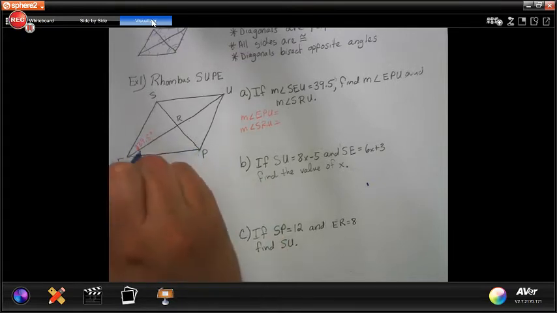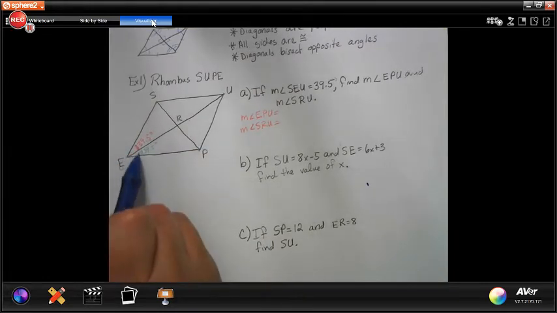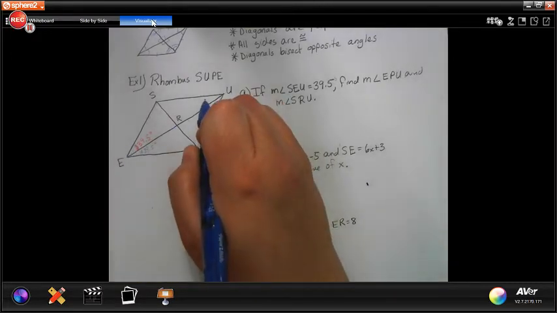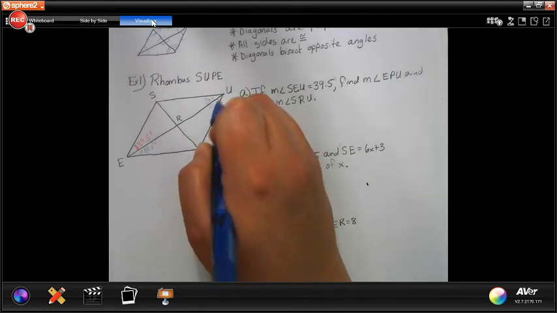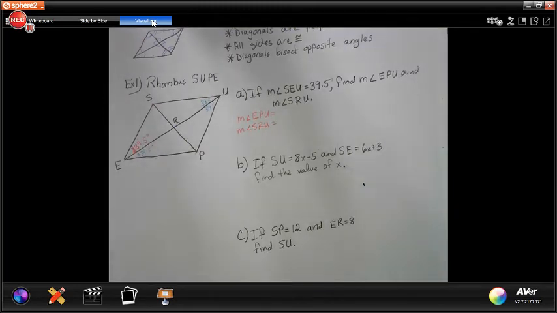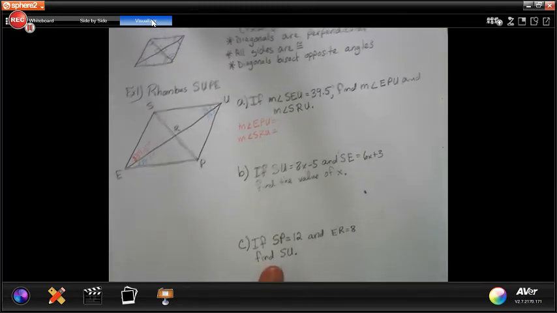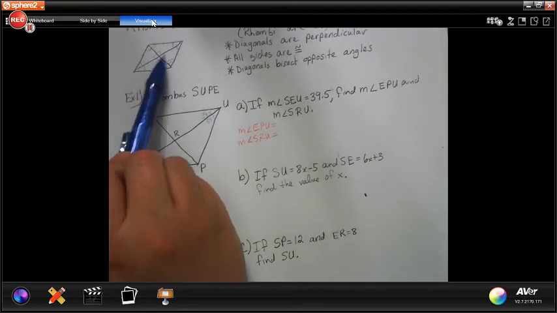I know that this piece is 39.5 degrees because the two pieces at the same angle are going to be equal to each other. And I also know that this is 39.5 and this is 39.5. Okay, so I know that all of those are 39.5. I also know that the diagonals are perpendicular. So we have all of these right angles there.